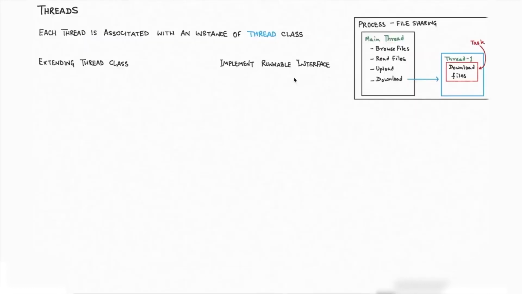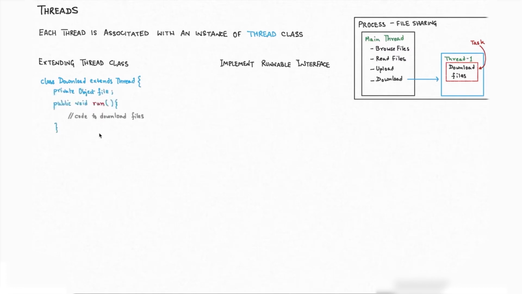So let's look at how we can extend the Thread class to create a thread. Let's say we have a class named Download, and this class will carry out the task of downloading files using a separate thread. Because we want this task to be carried out by a thread, we make the Download class extend the Thread class. So let's say the Download class has an attribute file, and file can be any type of object.